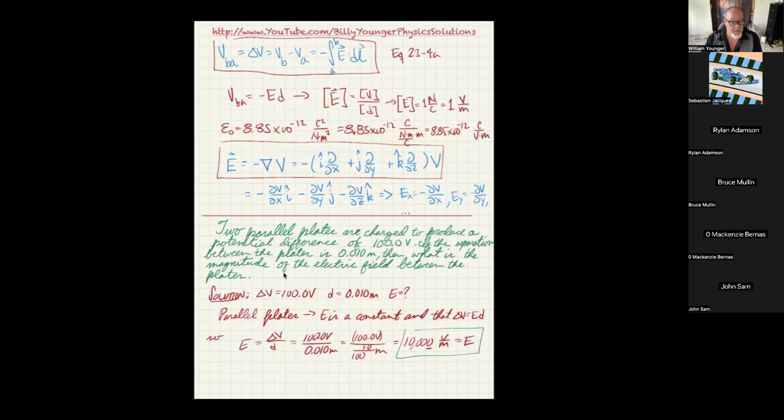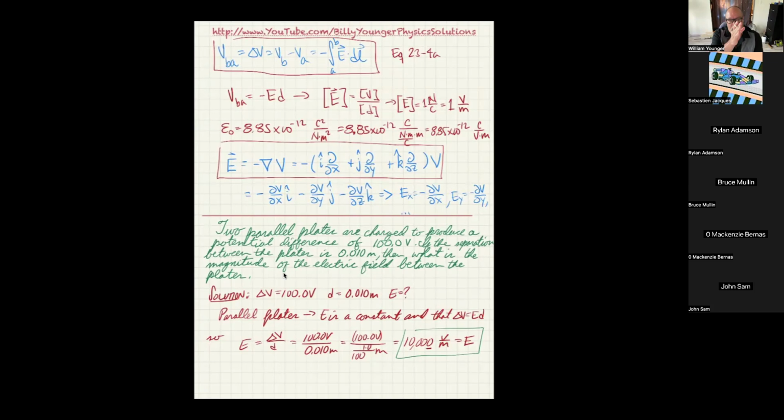The coolest part about that, hopefully you understand, is that the electric field is now talking about having units of volts per meter. So if you talk about volts per 0.001 meters, then that would be 10,000 divided by 100. So that would give you basically 100 volts per 0.001 meter.